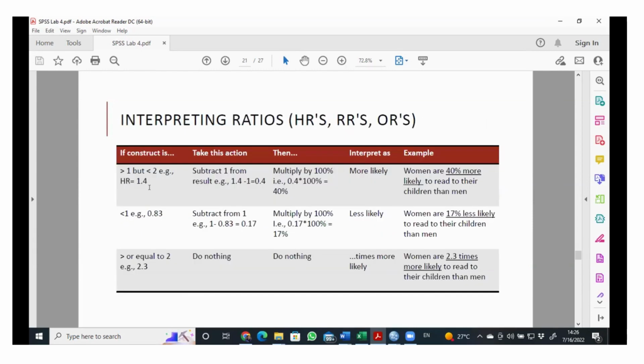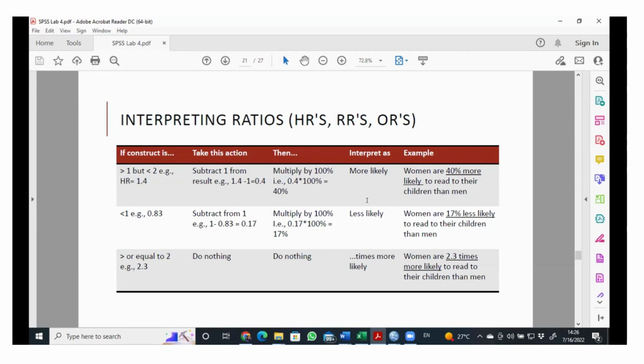So if you had a 1.4, an easy way to interpret it in percentages would be to subtract 1 from whatever you get. From 1.4, you're going to get 0.4. When you multiply that by 100, converting it into a percentage, you get 40%.